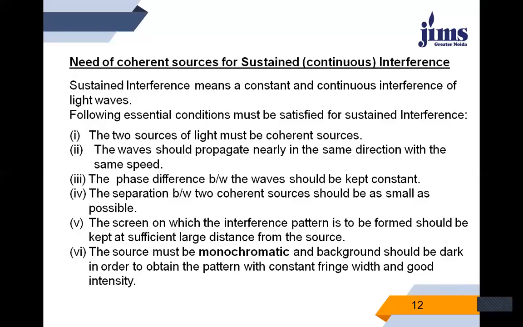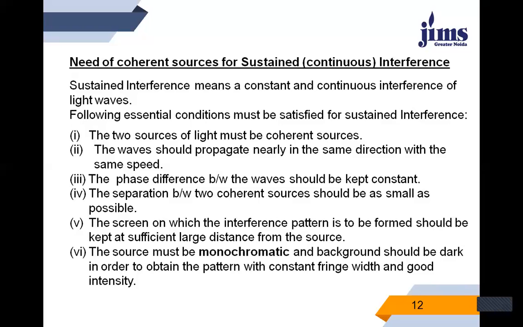Second, the waves which are superimposing on each other should propagate nearly in the same direction with the same speed. Third important point is that the phase difference between the waves should be kept constant.